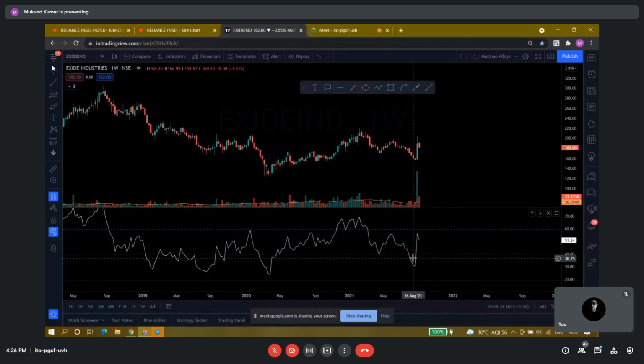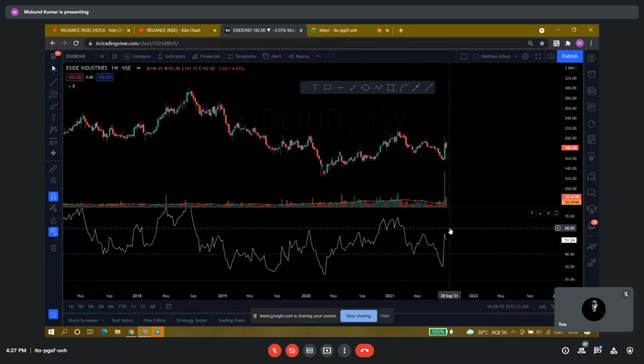Had it not breached this 40 level, you could have initiated a position at these levels on a daily chart basis. However, since it has already breached this 40 level, the stock is showing some weakness.